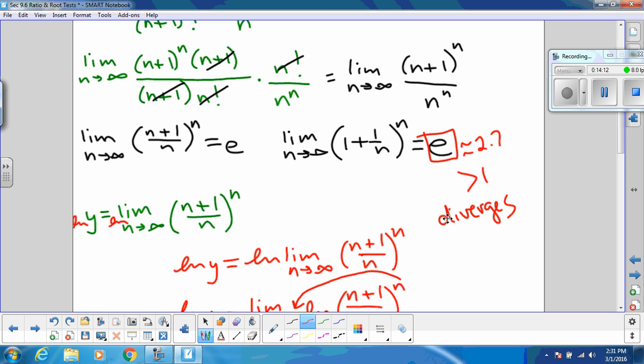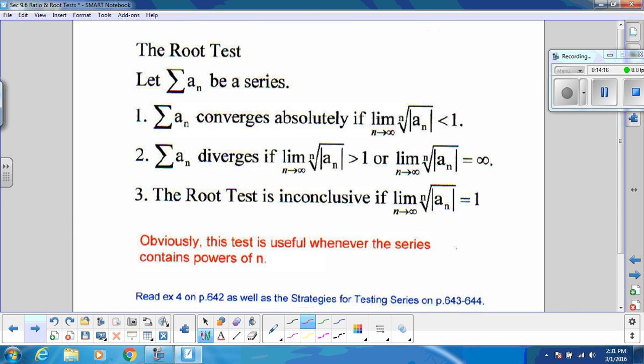All right, so then let's look at the root test. The root test is very similar, except instead of ratios, we're doing roots. So for the same reason, if I take the limit of the nth root of a sub n, and that is less than 1, then it converges. Notice that the criteria is the same as the ratio test. That's why these are kind of put together.